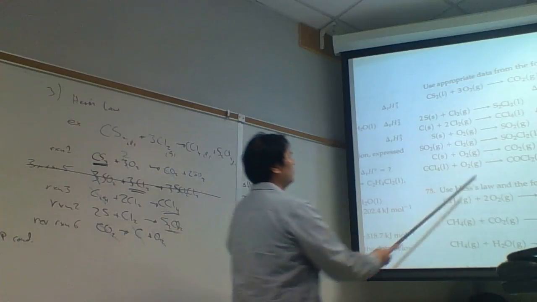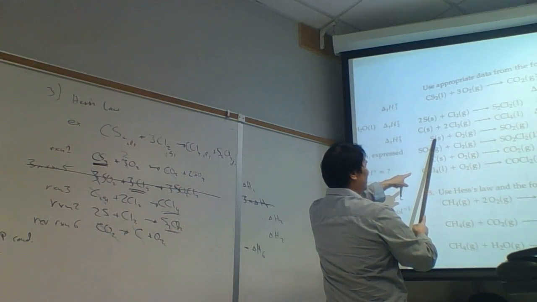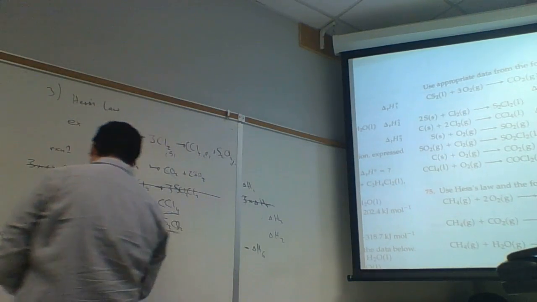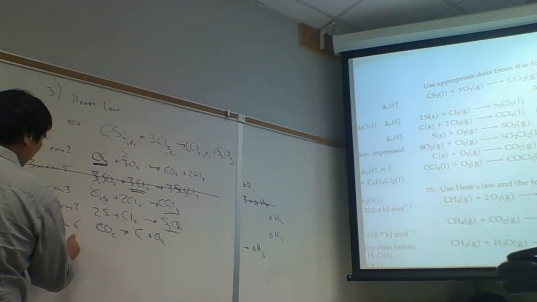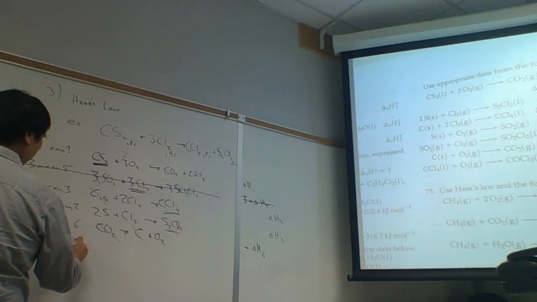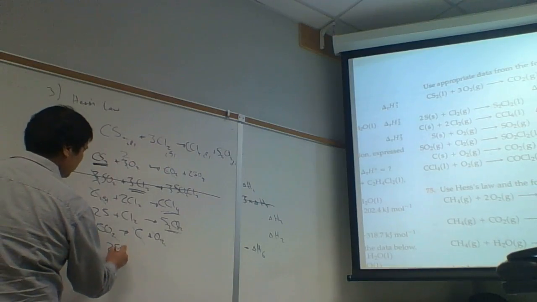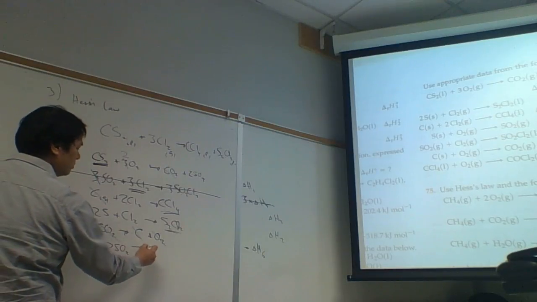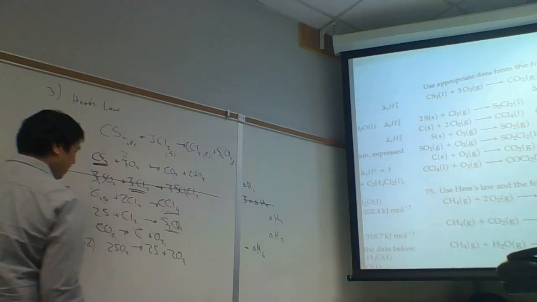So let's take 4 and reverse it, and then multiply by 2. And so I'm going to get reverse reaction 4 times 2. And so we're going to have 2 SO2s goes to 2S plus 2 O2s.